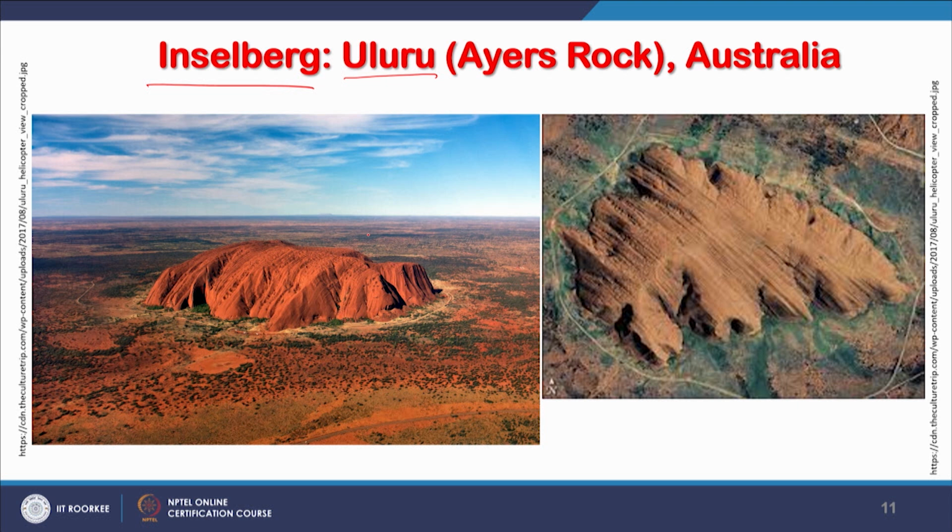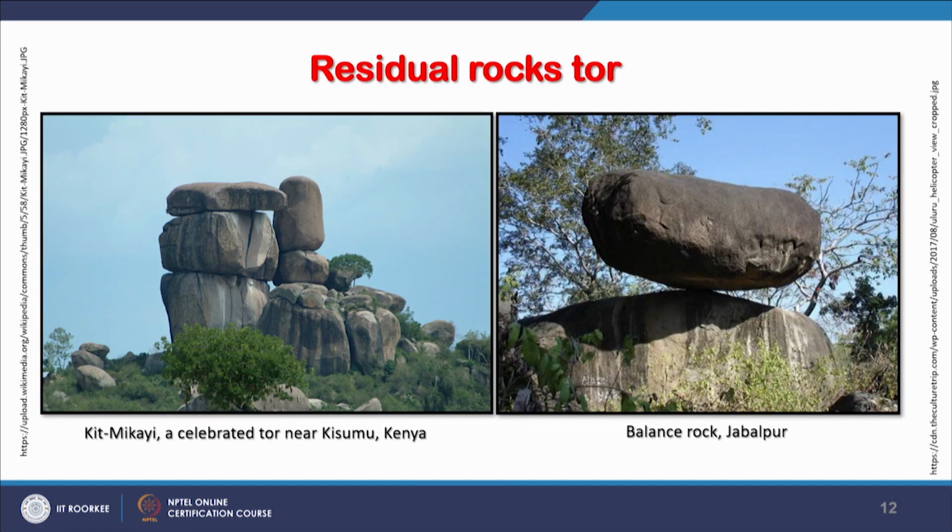This is a side view, and on the right side you are seeing the top view. You can see these bedding planes very clearly. So this information is again very important from the groundwater point of view.